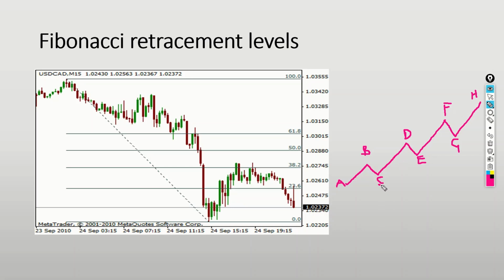Point C is going to be a Fibonacci retracement level. Then point E is also a Fibonacci retracement level, and then point G is a Fibonacci retracement level. Normally the Fibonacci retracement levels are 61.8, like we said, the 50.0, the 38.2, and then the 23.6. That is in an uptrend.